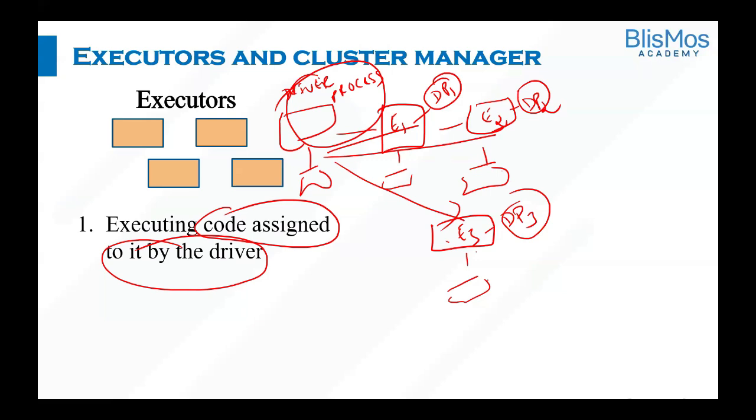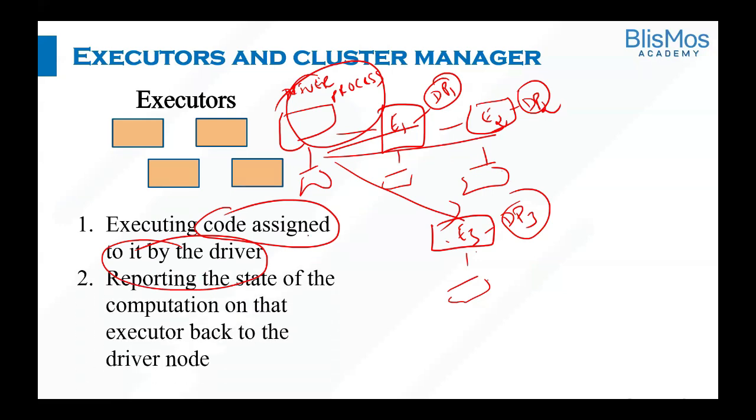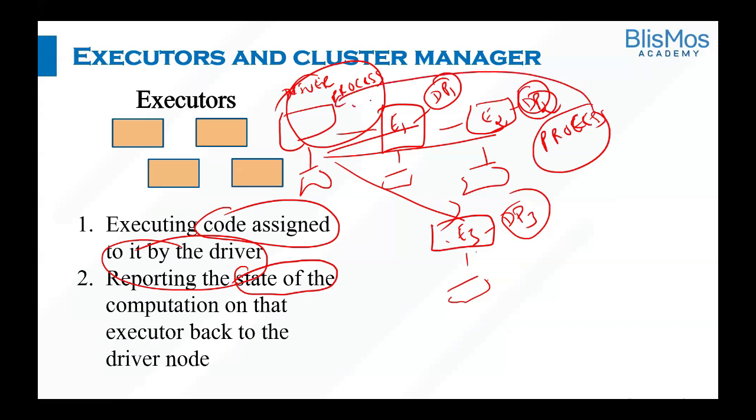So executors are the ones which execute the code assigned by the driver, and they report the results. Let us say it will execute to process the data of DP2, and it relays back the results to the driver.